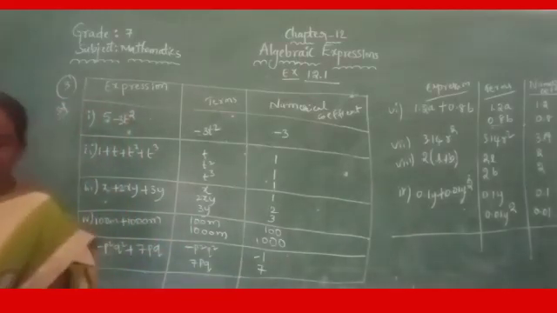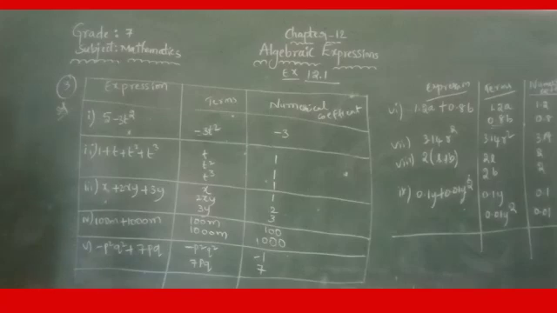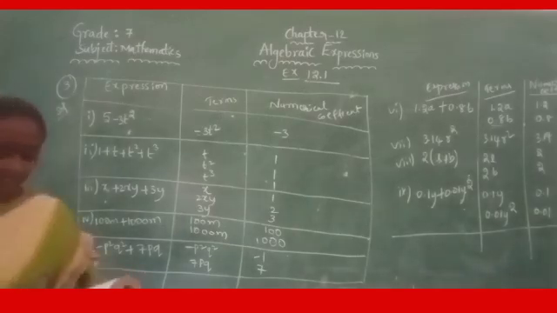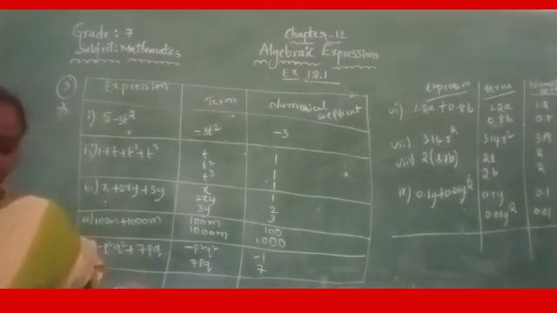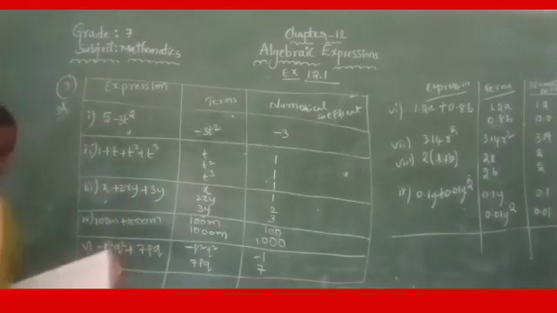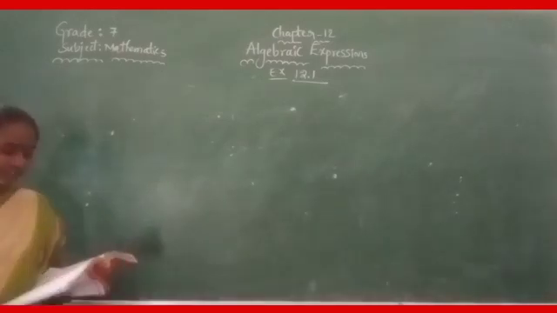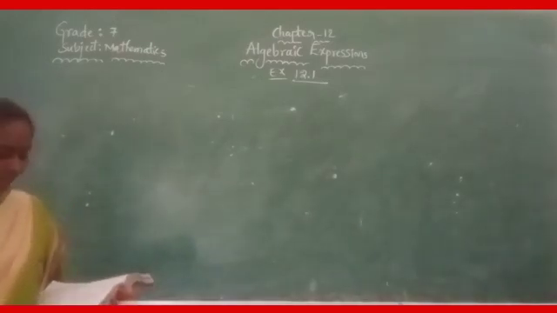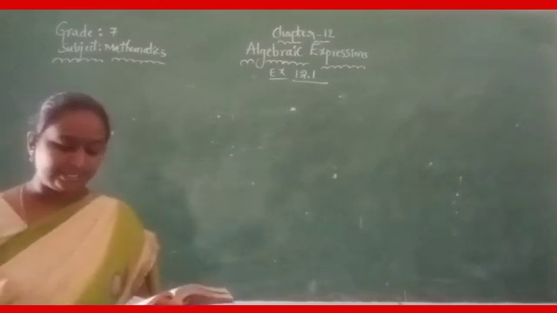Okay, so right now turn your textbook to page number 235, exercise 4, the fourth question. The fourth question says: identify the terms which contain x and give the coefficient of x.